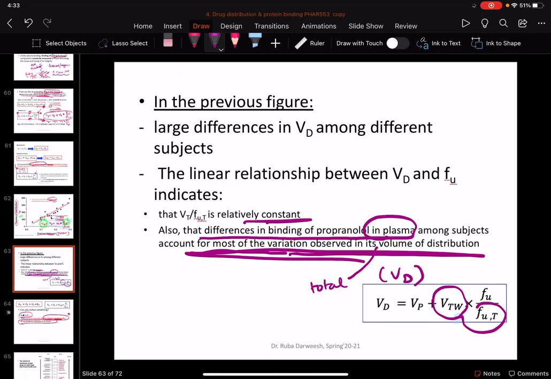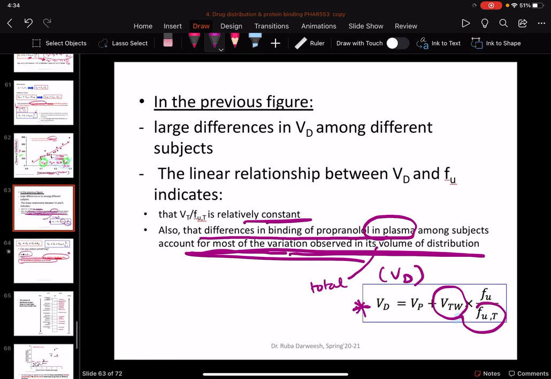And again, this is just a study case that you can draw a conclusion from if you know the equation that we are talking about.